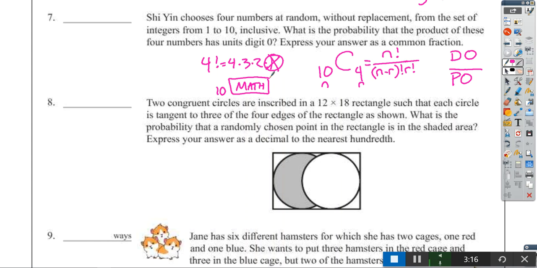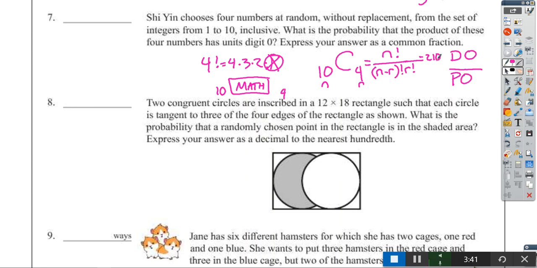It's number 4. So you hit enter once you get it highlighted, and it takes you back to your regular screen, and then you would hit 4. And then when you hit enter, you'll get the answer of 210. Quick math here. So the total number of possible outcomes is 210.